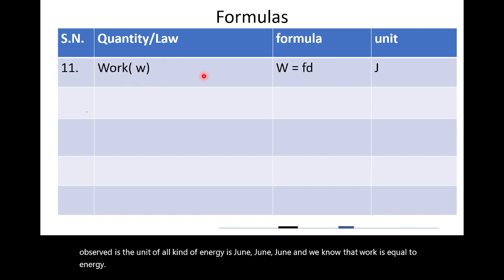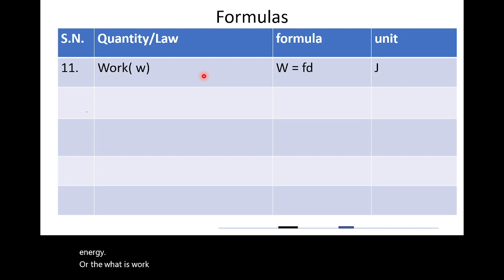What is energy? Energy is capacity to do work. So work equals Fd. The formula is force times displacement, and the unit is J.